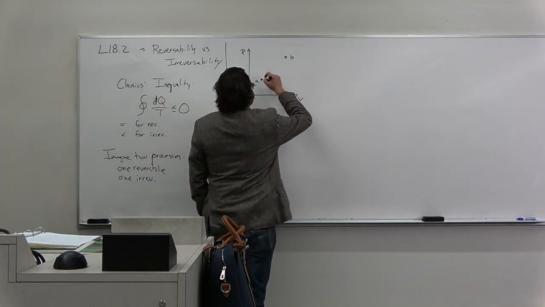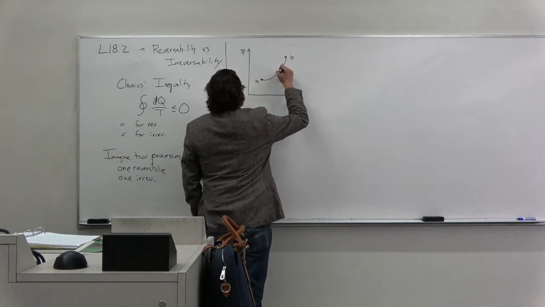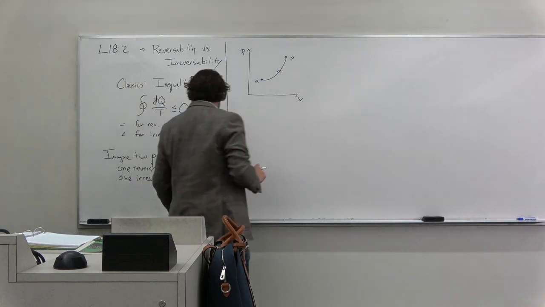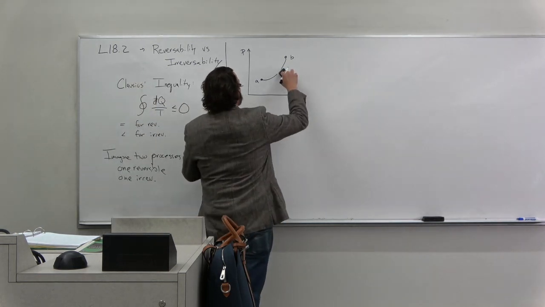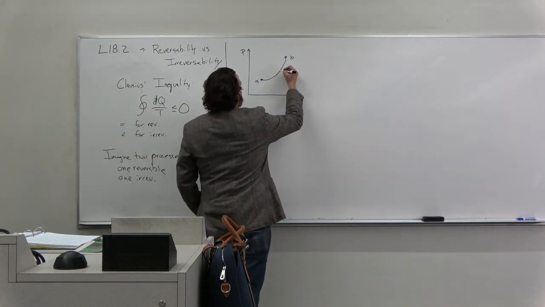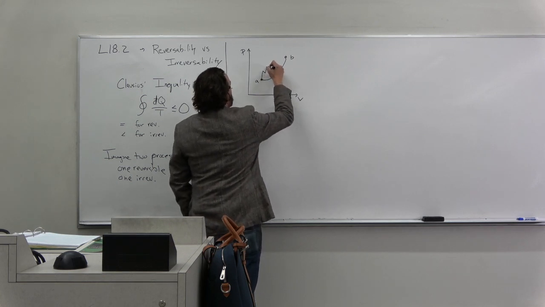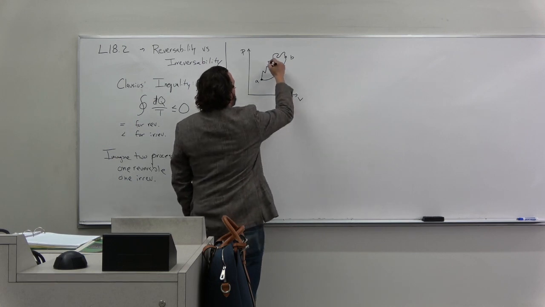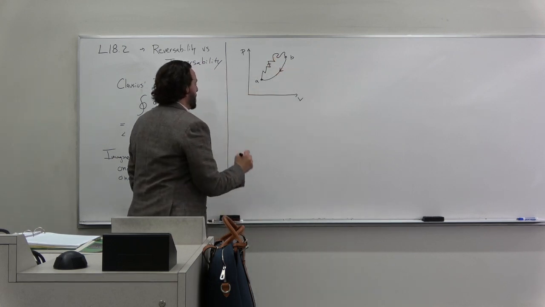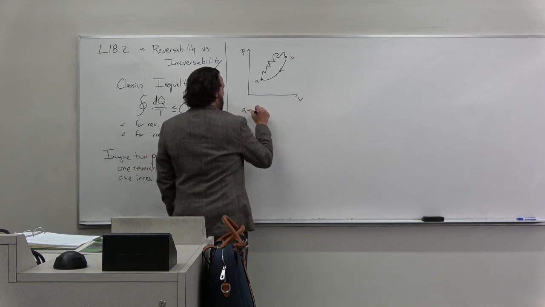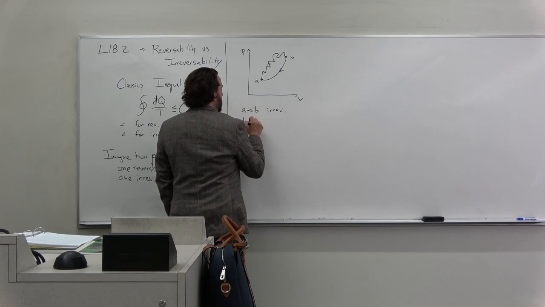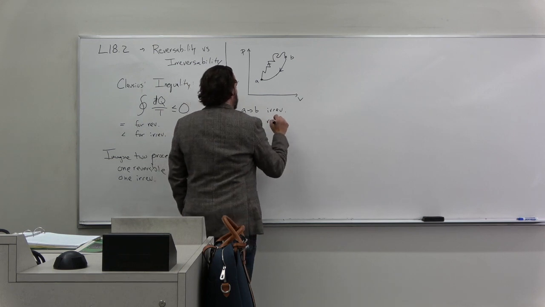Imagine some process like this, which I'm going to call my reversible process. And one process, let's say, which is some really weird functional form, and that's going to be irreversible. Okay, so I want to go from A to B along the irreversible path, and then from B to A along the reversible one.